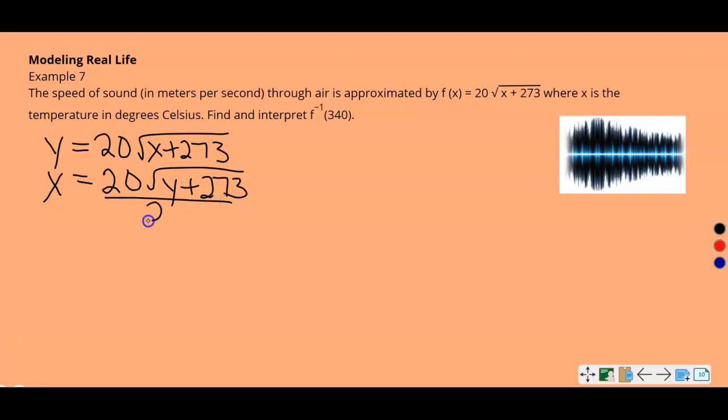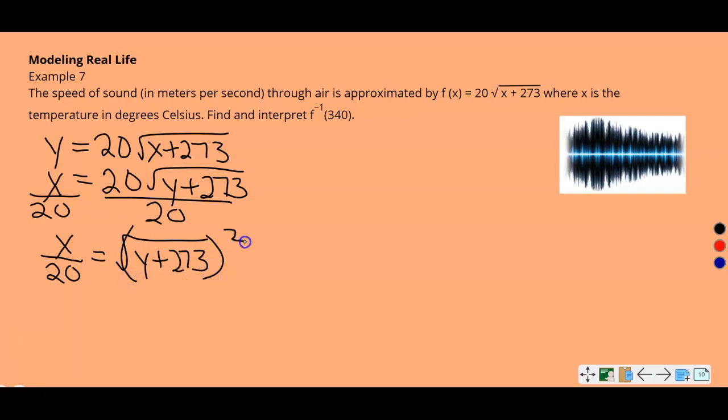Then I'm going to isolate my radical. So I'm going to divide both sides by 20, and I'm left with the square root of y plus 273. To get rid of the square root, I've got to square everything. So I'm going to have x squared over 20 squared, which is 400, equals y plus 273.